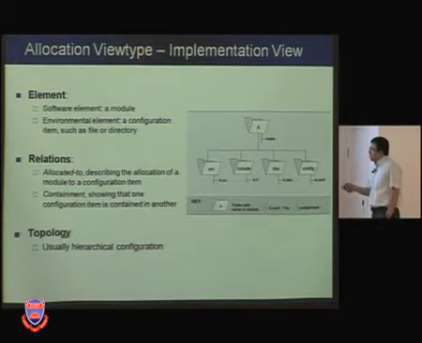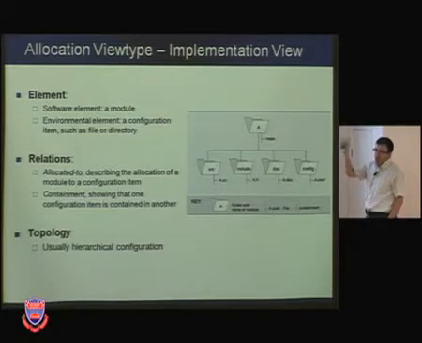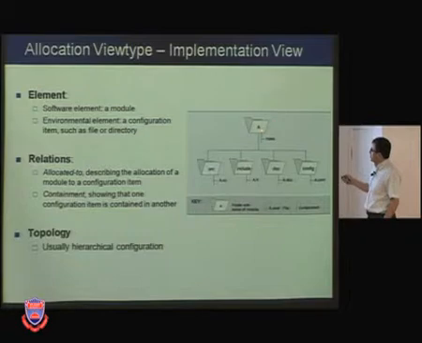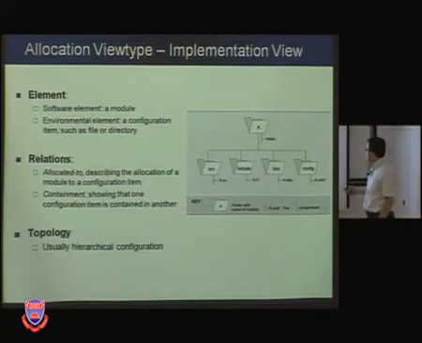The relations here are again allocated to and containment. In this case, for example, this symbol shows the folder with the name of the module. So we take one architectural module, like here A, and we define how it is structured over the folders and over the directories.